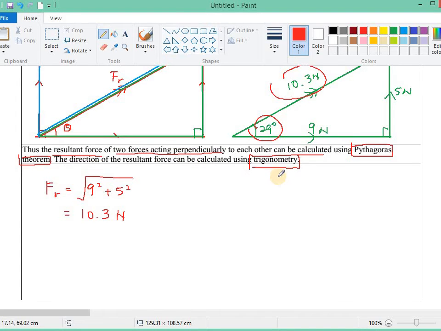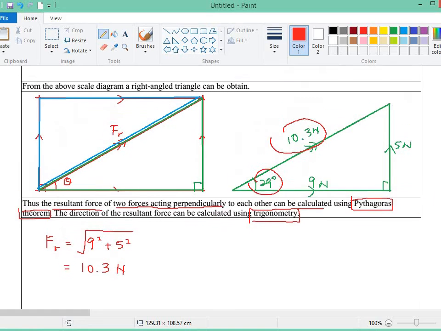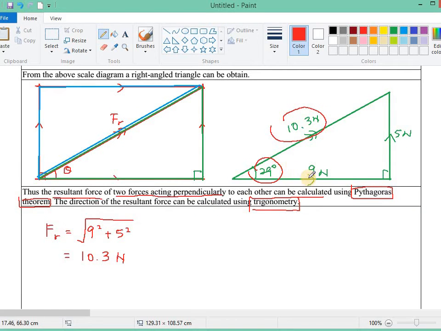And then the angle. We can get the angle by using trigonometry. We know 5 Newton, we know 9 Newton. That means we know the opposite and the adjacent, so we can use tangent theta equals opposite over adjacent. So 5 over 9.